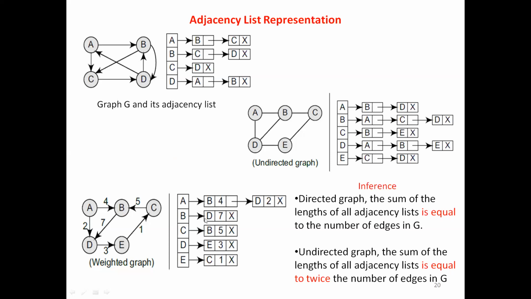Since weight is there, I am creating a node with three pieces of information. One is storing the key value. The second field is storing the weight, and the third field is storing the address of the next node, right? If information keeps on increasing, automatically we have to allocate more space in the node.